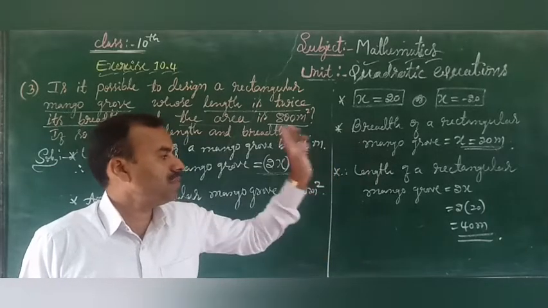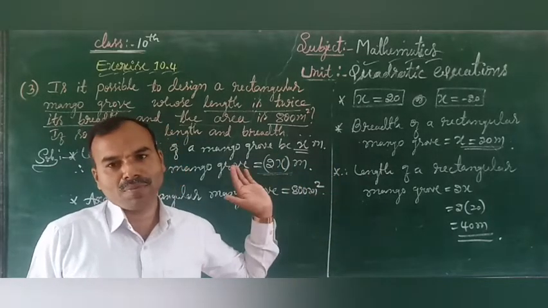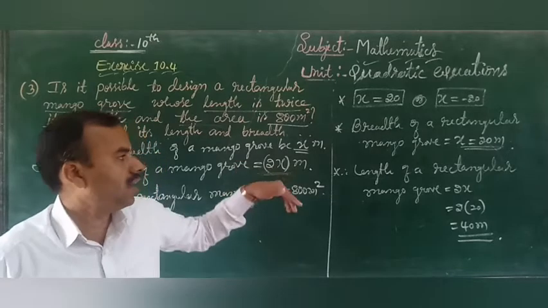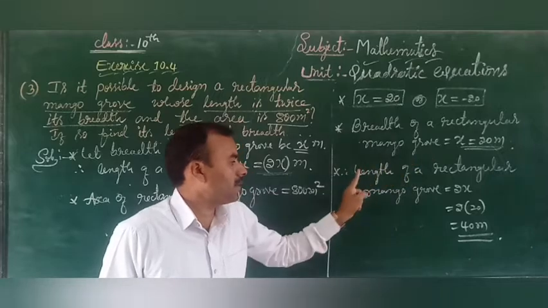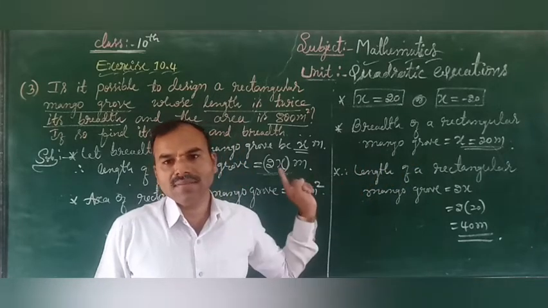Breadth is 20 meters and length is 40 meters. Repeating once again: breadth is 20 meters, length is 40 meters.